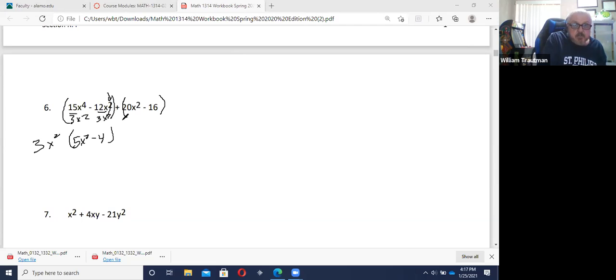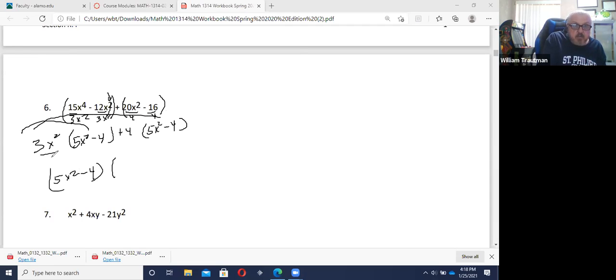That cancels. Here, 4 factors out. Divide each of these by 4, and I get 5x squared minus 4. If the parentheses are the same, then you factor out the parentheses. 5x squared minus 4.